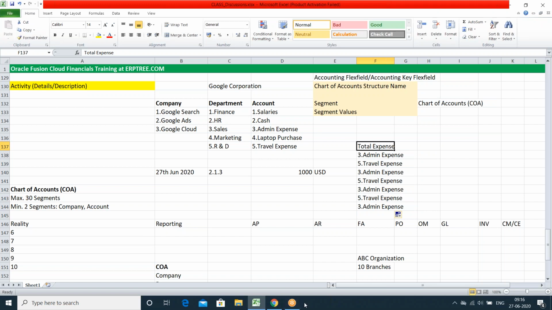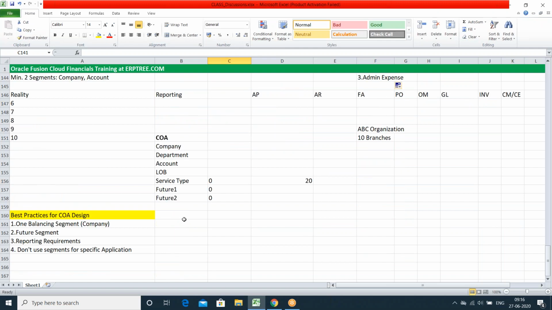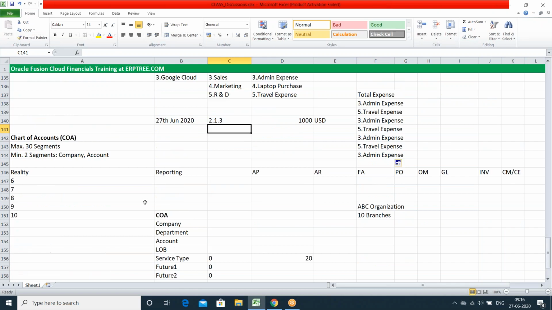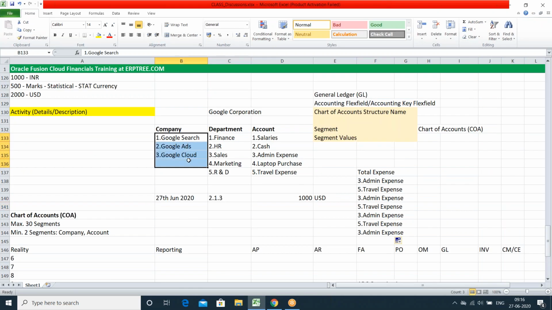So definitely we have to suggest to the client to use the parent and child relation within the values which we maintain as segment values. Even for companies, you can have a company called the parent company, and under that, these 3 companies. Across these 3 companies, if you want to know how much you spent this month, or how much revenue you generated, instead of selecting 1, 2, 3 accounts, you can select the parent company.